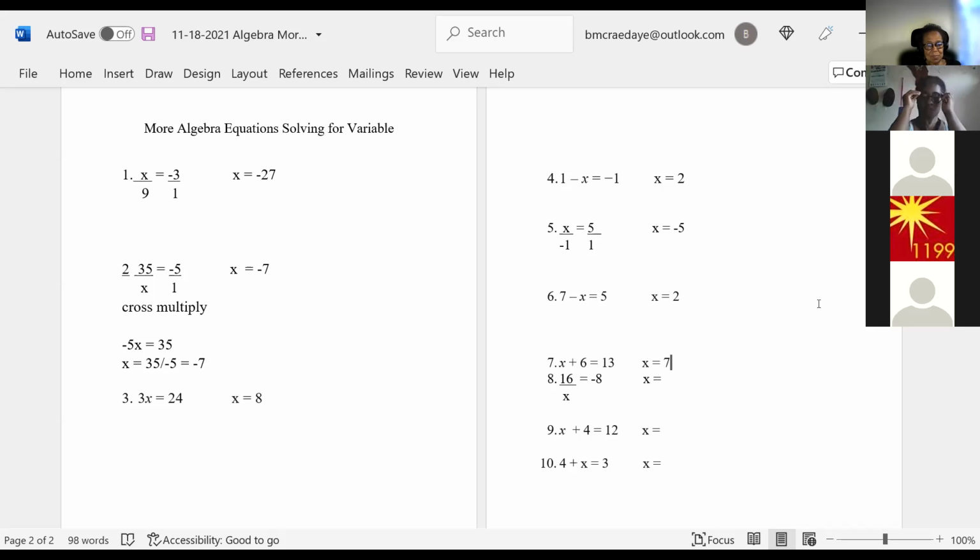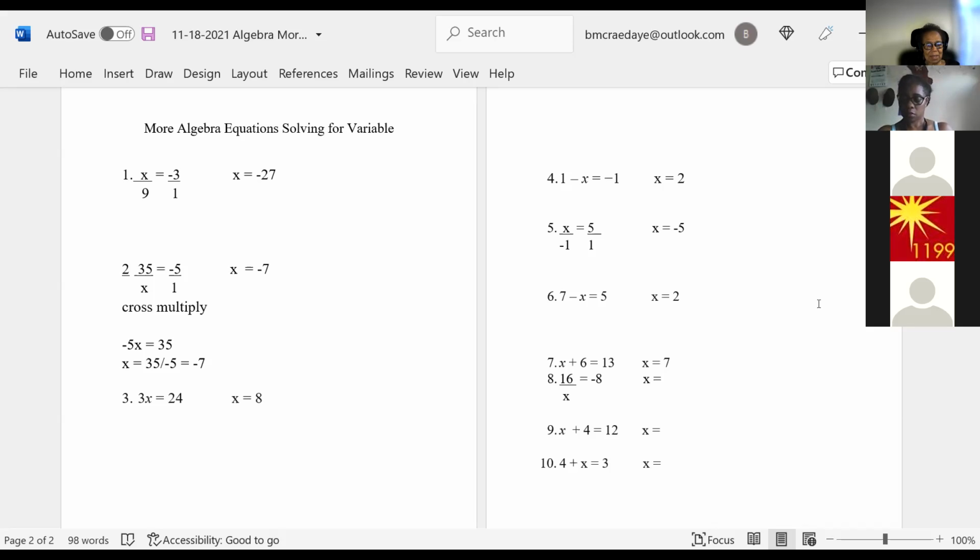Number 8 is 16 equals minus 8x. Let's cross multiply again.